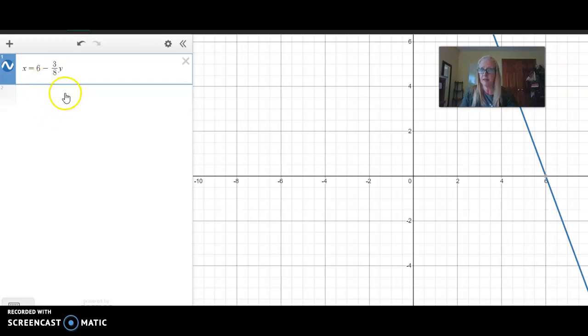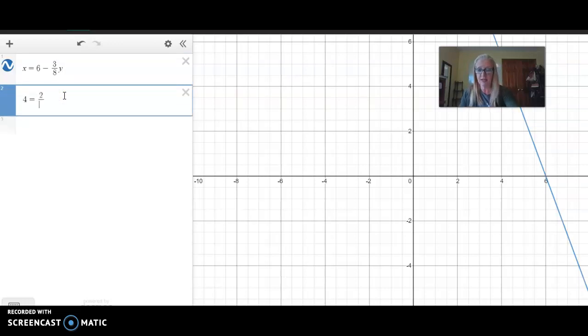There's one. And the other one, 4 equals 2/3 x plus 1/4 y. Hey, what happened there?